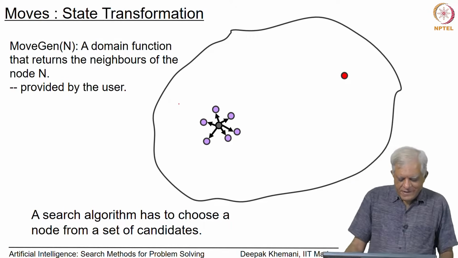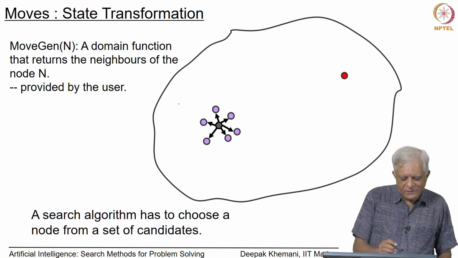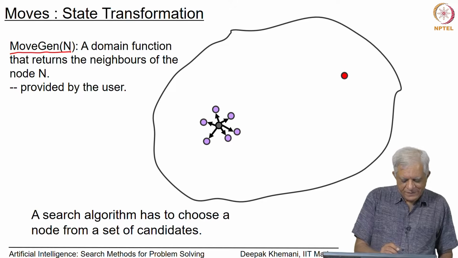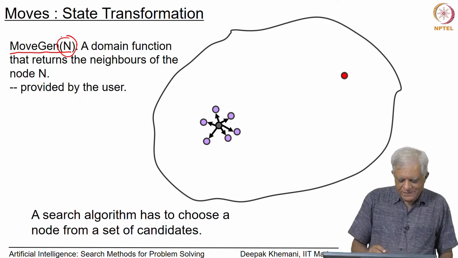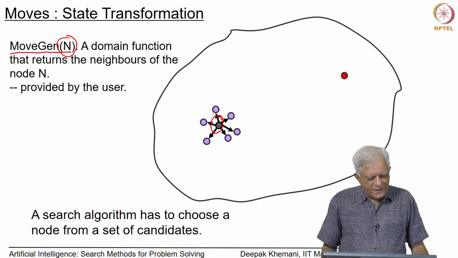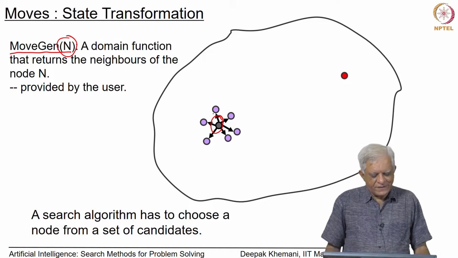as a state transition function or move gen function or a neighborhood function, which takes any node n, in this case this node n, as input, and returns to us what the neighboring states for that node are.